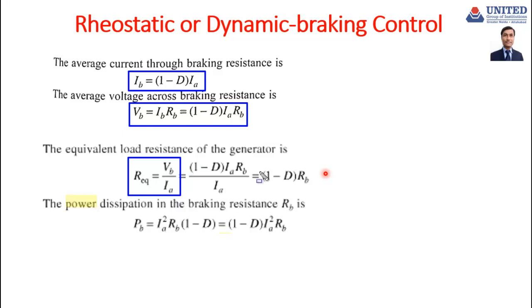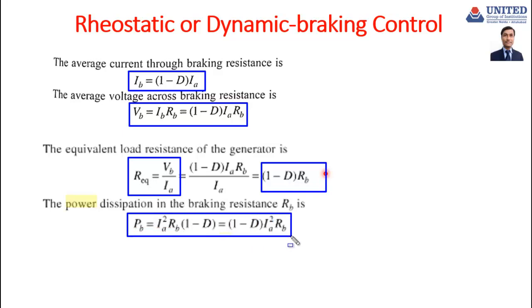In terms of duty cycle, it is given by 1 minus D into RB. Power dissipation in the braking resistance will be equal to PB is equal to Ia square RB into 1 minus D. Therefore, from this equation we can conclude that by varying the duty cycle braking power can be controlled.